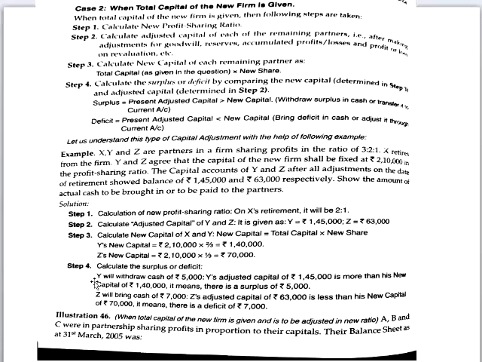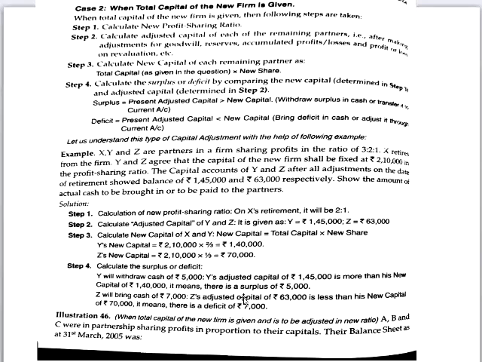Then while comparing in the fourth step, Y will withdraw cash of 5,000. Why? Because the adjusted capital is 1,45,000 and the new capital is 1,40,000.